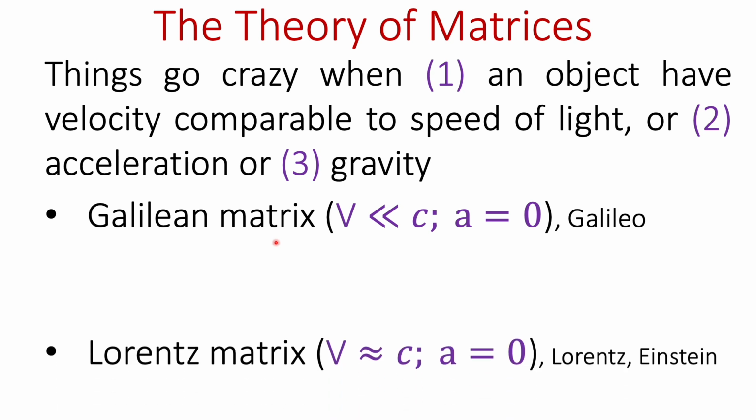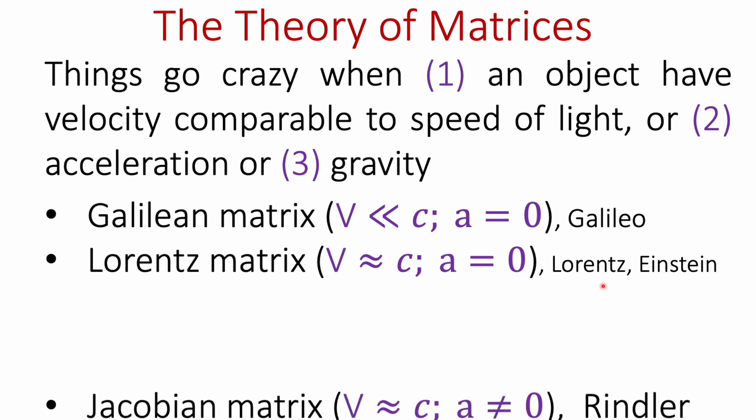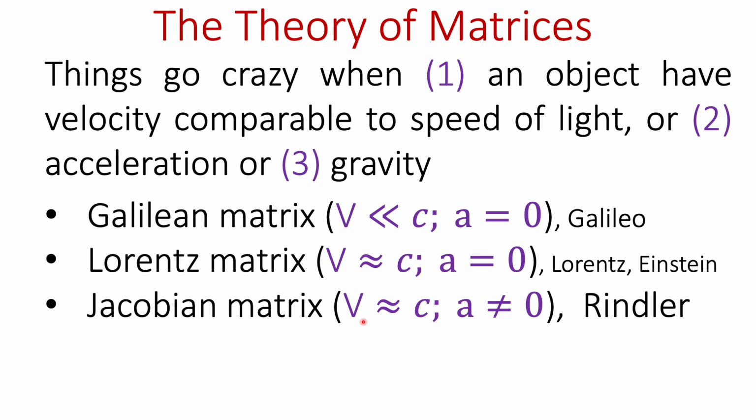If the velocity is comparable to the speed of light but there is no acceleration, then we can use the Lorentz matrix, which was developed by Lorentz and then used in the special theory of relativity by Albert Einstein. When we have velocity comparable to the speed of light and the acceleration is non-zero, then we have to use the Jacobian matrix, which was developed by Rindler.